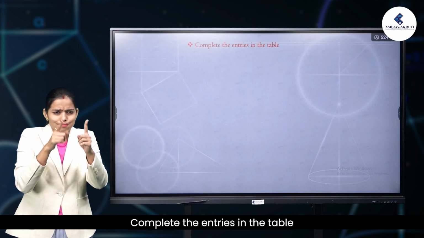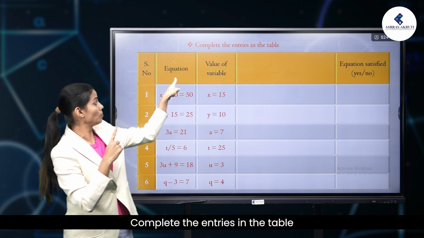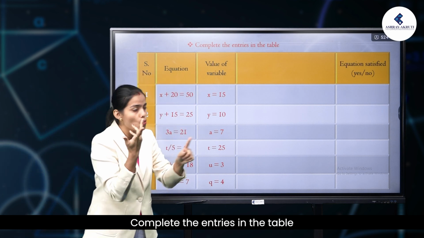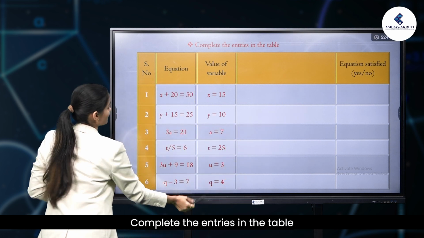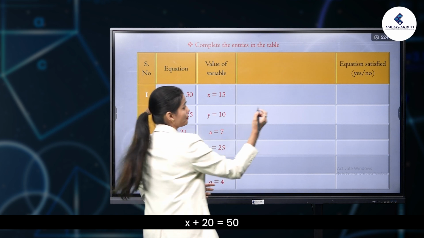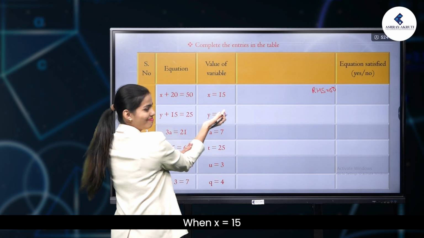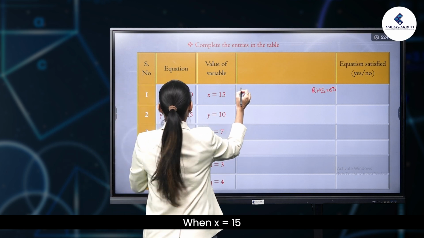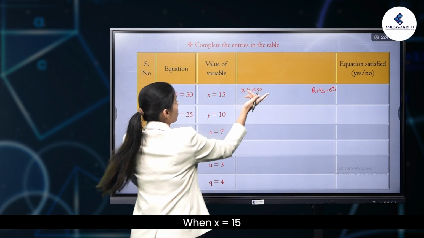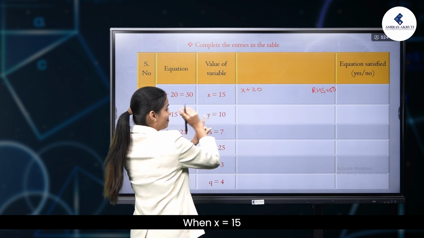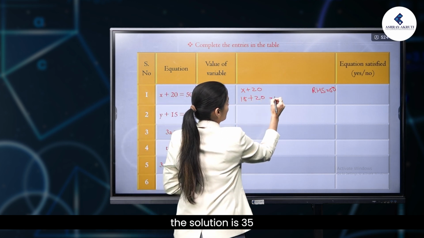Complete the entries in the table. Equation x plus 20 is equal to 50. When x is equal to 50, the value is 35.